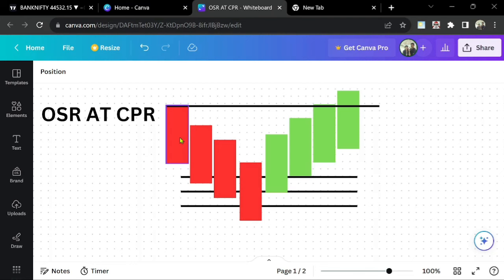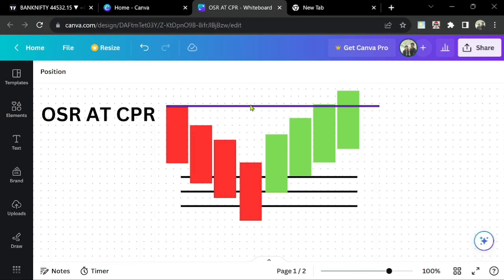Some traders call that candle opening drive candle. I call it opening strike candle. The first candle. Second, third, fourth. Immediately these 4 candles are coming and breaking the CPR. Immediately the fifth candle, you see, it is a green candle and it closes above the central CPR.